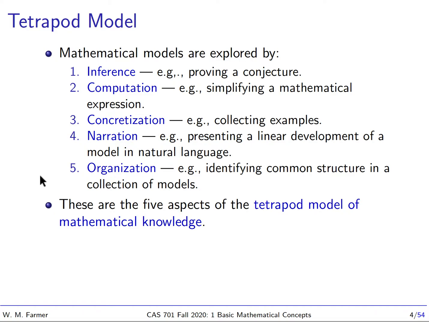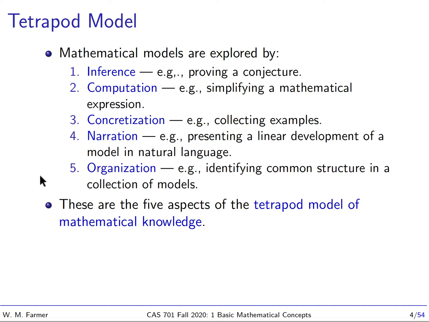Now, mathematical models can be explored in a whole variety of ways. And these ways fall into 5 groups: inference, computation, concretization, narration, and organization. Now, we don't have time to go into a lot of details of these, but I'll give some examples. So inference involves inferring new knowledge from knowledge we already know.